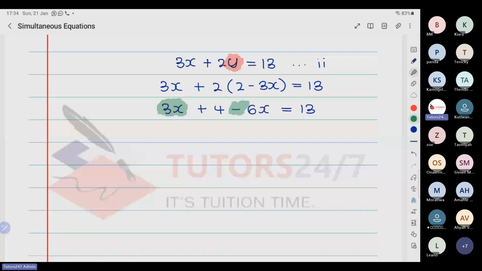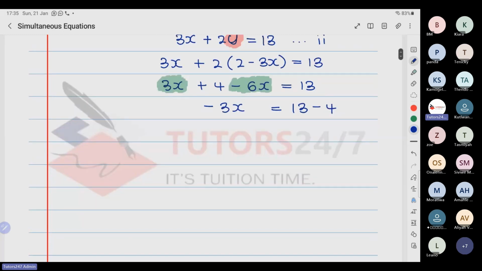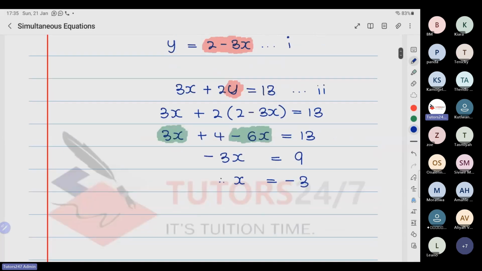Our like terms are 3x and -6x. So all we are going to do is say 3 minus 6, that gives us -3x. We move 4 to the other side, so we have 13 minus 4, and we know 13 minus 4 is just 9. From here, we now have x as equal to -3.